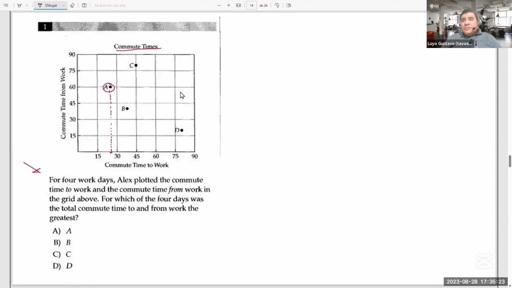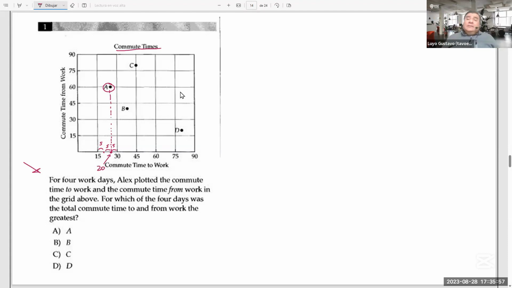This would be approximately the commute time to work. You see, it's about 2/3 of the way between 15 and 30. If we divide this in 3 parts, each of these is actually 5. So more or less, this value would be approximately 20 minutes, yes.